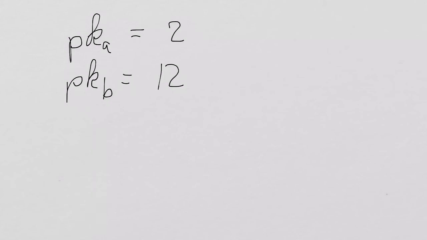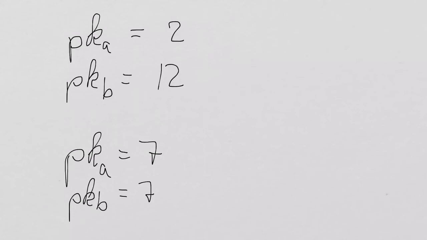Exactly. So, what would be in the case of pKa 7? What's the pKb value? It would also be 7 in this case. So, it's sort of in the middle.